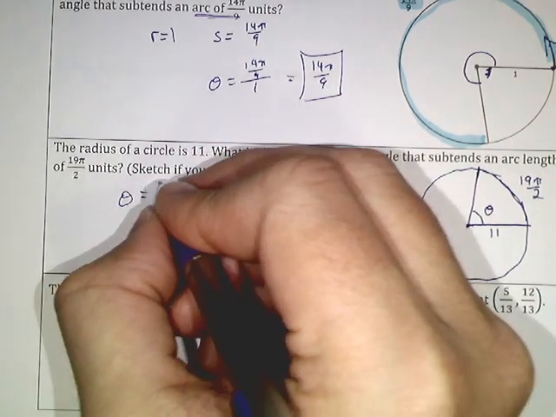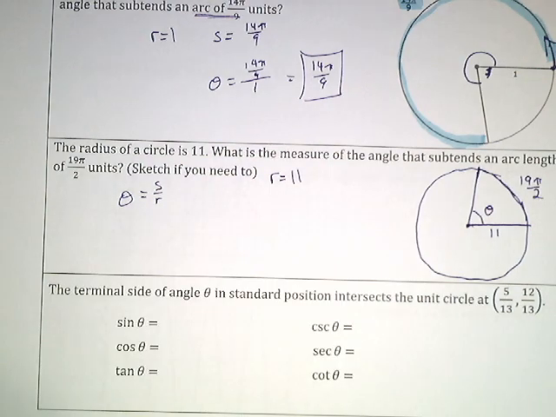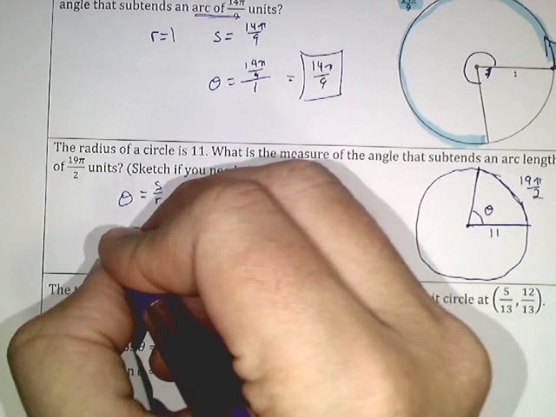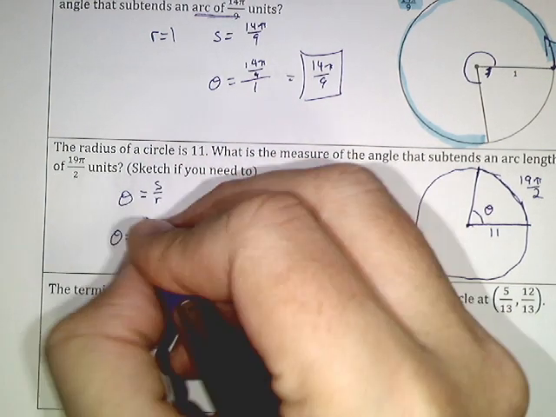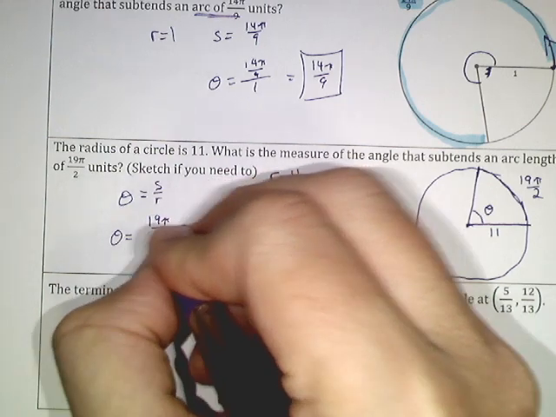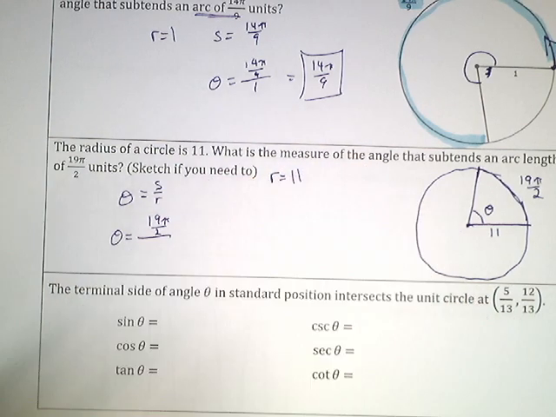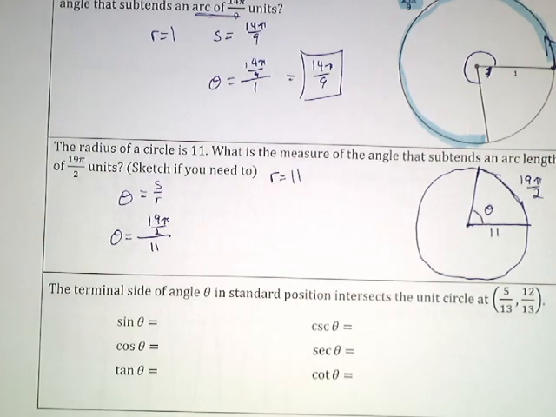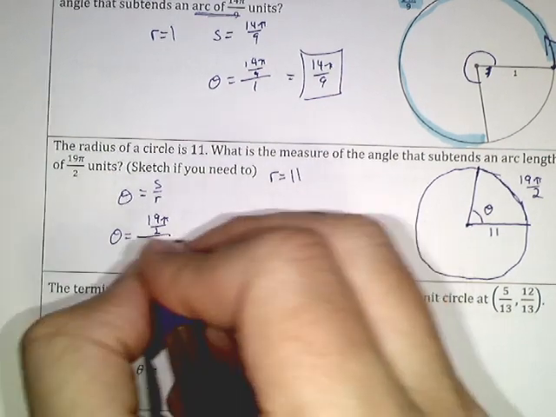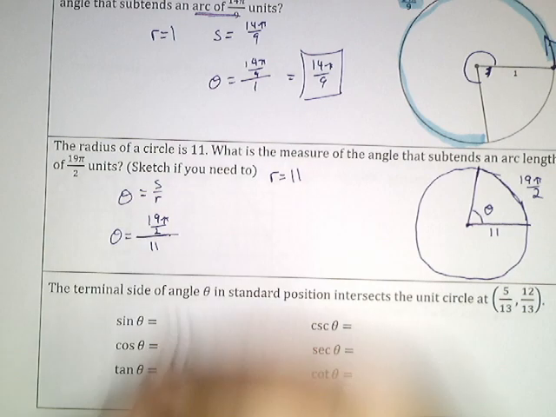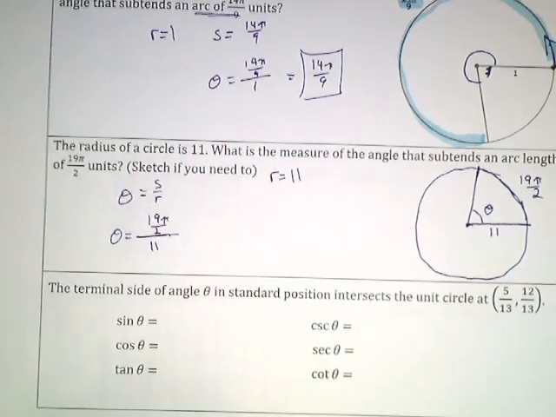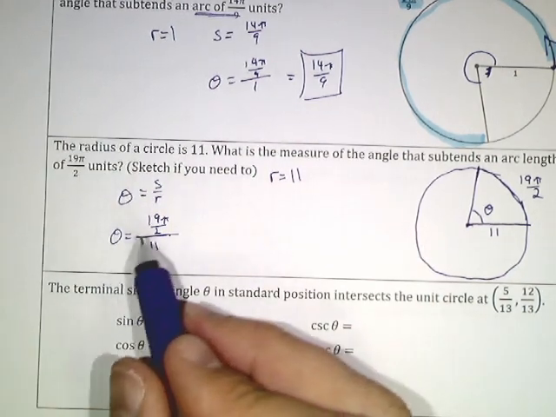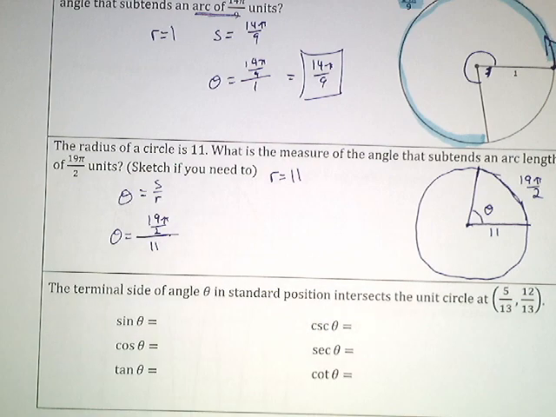Theta is equal to S over R. My theta is unknown. My S is 19 pi over 2. And my R is 11. So we have keep, change, flip. I keep the top part of the big fraction. So again, that line is bigger for a reason.